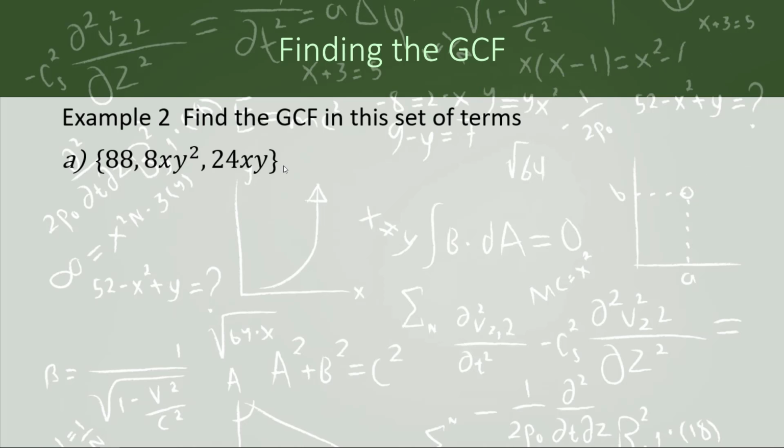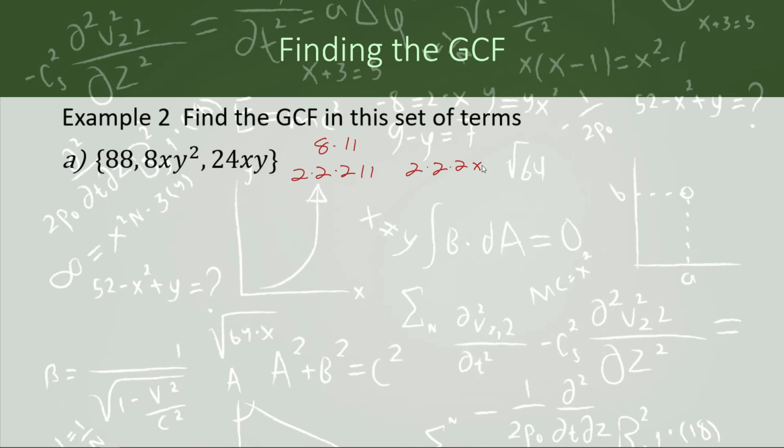Here we have 88, 8xy squared, and 24xy. So the prime factorization for 88 for step 1 is going to be 8 times 11. Okay, 11 is a prime number, 8 is not. That can be written as 2 times 2 times 2 times 11. For 8xy squared, the prime factorization for 8 is 2 times 2 times 2.